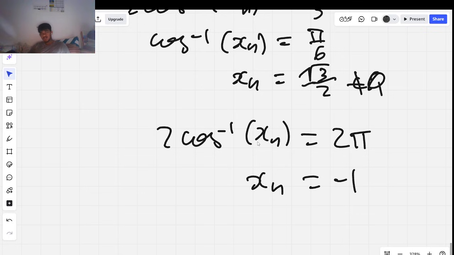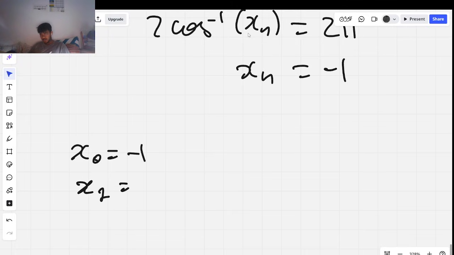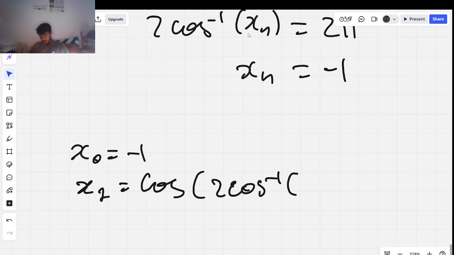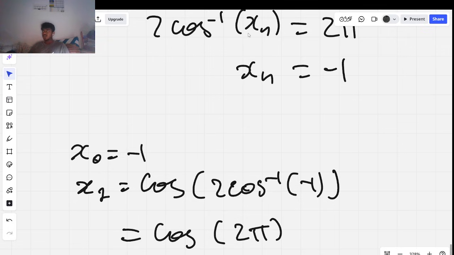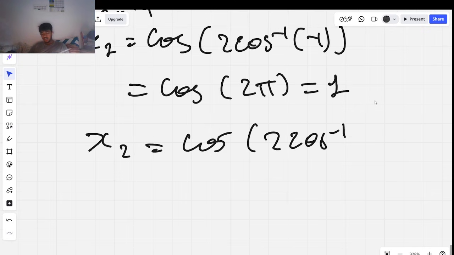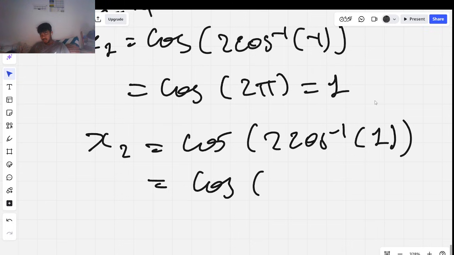So if x_0 is minus 1, then x_1 is equal to cos of 2 arccos minus 1. Arccos of minus 1 is pi, so this is cos 2 pi, which is 1. So x_2 is equal to cos of 2 arccos 1, which can be 0 or 2 pi, it doesn't matter, or 4 pi actually, this is still 1.